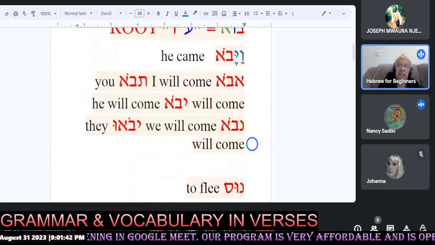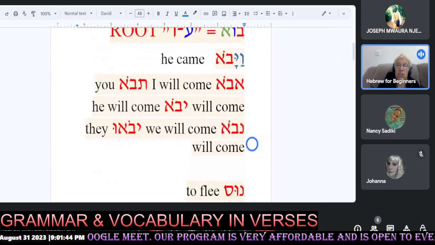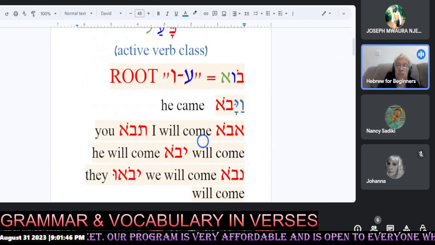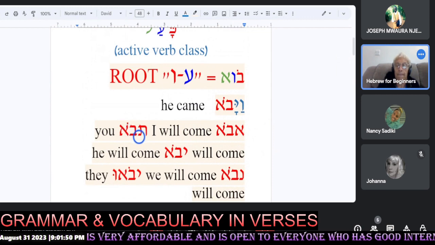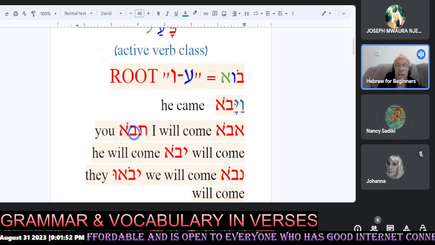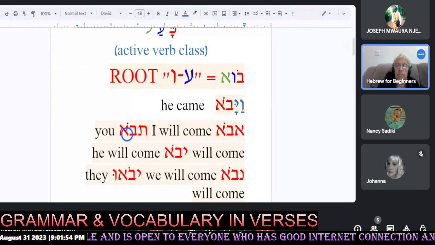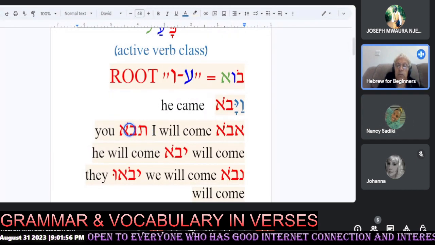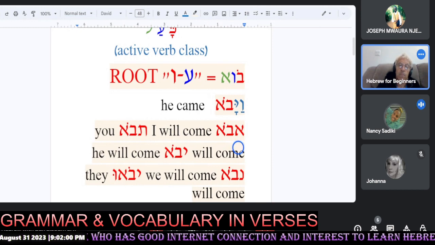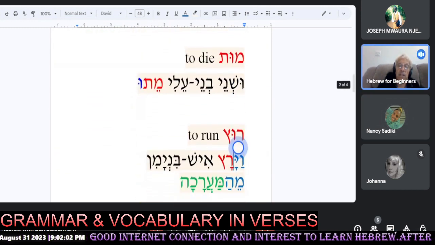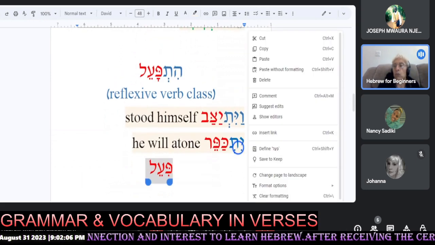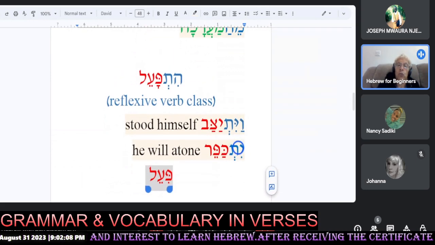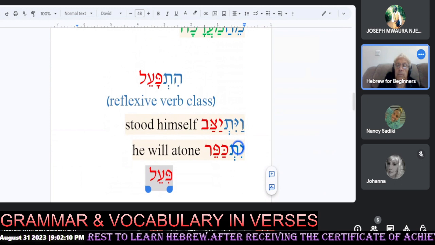And the reason I didn't include that is because it's confusing. Like we have tavo, you will come. That also means she will come. The same three letters mean you will come and she will come. And it's the same with taruts. That can mean either you will come or she will come.